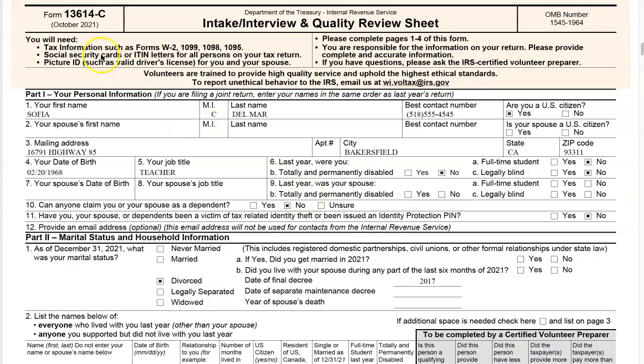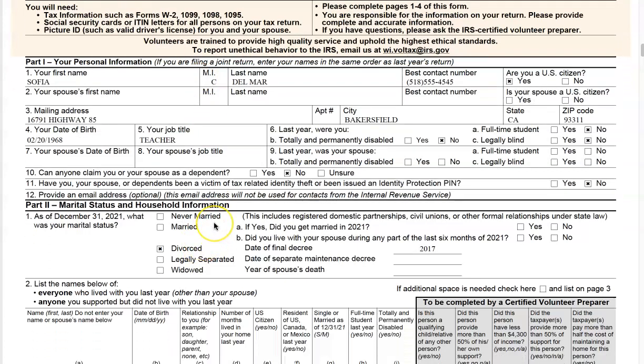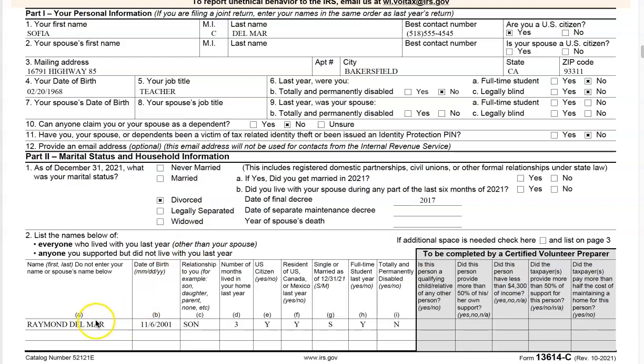What's interesting? Well, the taxpayer is divorced, and we have a 20-year-old child. So that always raises issues about potential custody. Raymond lived with his mother for only 3 months of the year.